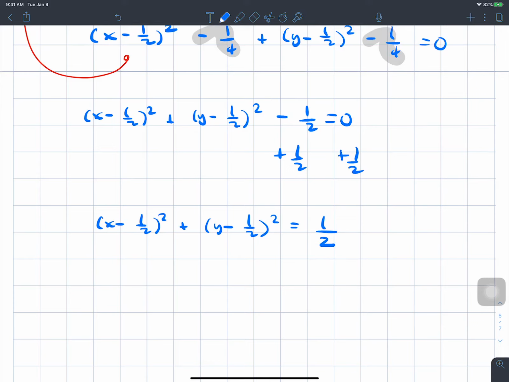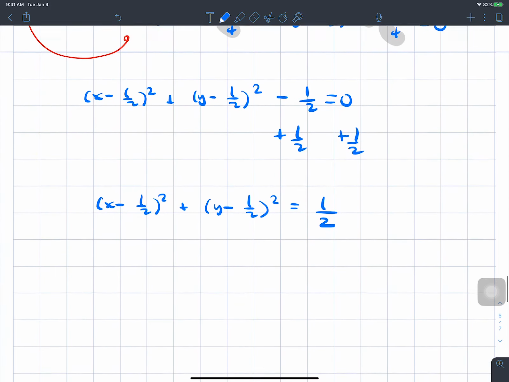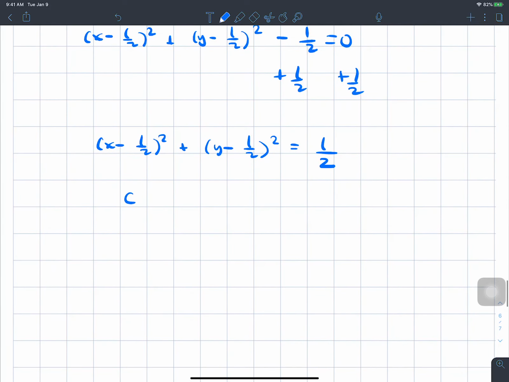Now, this is an equation of a circle. The center of the circle is at 1/2, 1/2, and don't forget, this is actually r squared. So r squared is 1/2, or r is plus or minus square root of 1/2. Well, it's a radius of a circle.